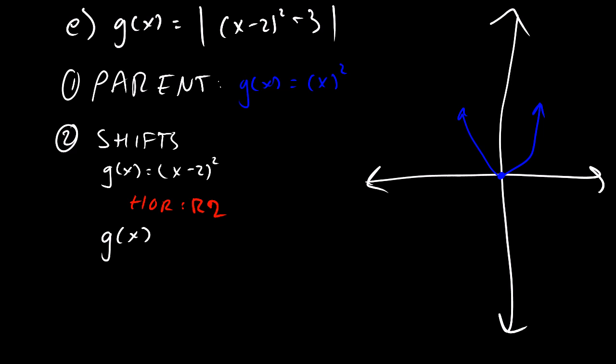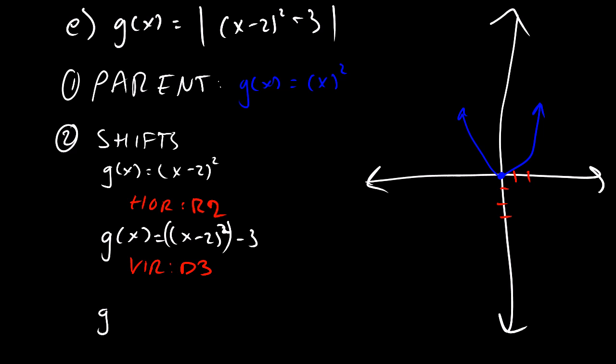G of x is equal to the quantity x minus 2 squared. And we're going to subtract 3 off of that. If we're subtracting off of a quantity, then we're thinking vertical. And we're thinking negative 3, so we're going down 3. So right 2, 1, 2, 3, going down.